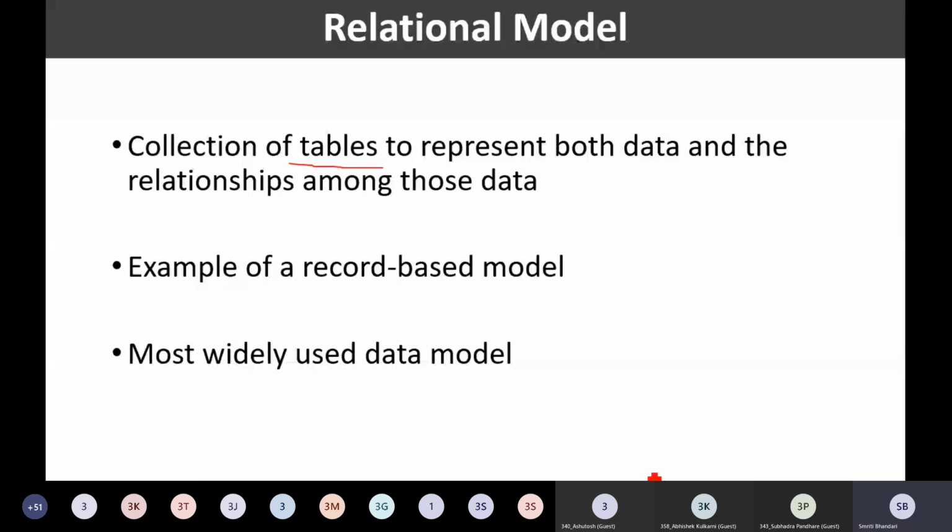The data related to the entities or relationships in the ER model is represented in the form of records in a table.